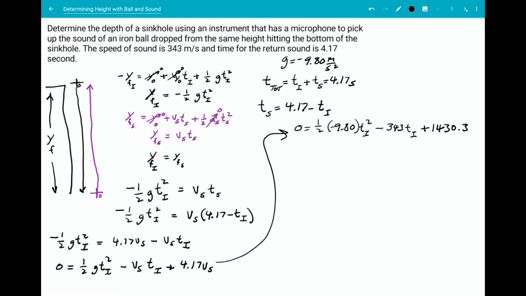So 343 times 4.17 equals 1430.3, if you didn't get that.